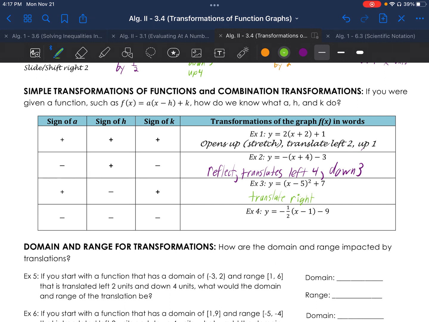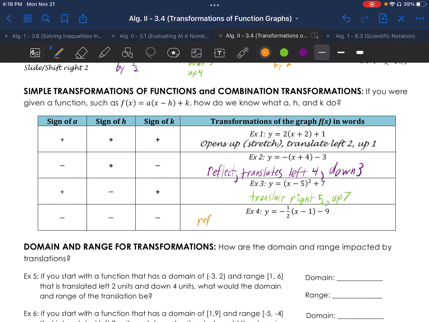In this case, we'll go right because you do the opposite of the sign you see. So the opposite of a negative is to the right for a horizontal, 5. In this case, we do exactly what you see for the y, up 7. So only what's with the x do you do the opposite for. Notice this one is also being squared. That doesn't affect the transformation as we write them at all.